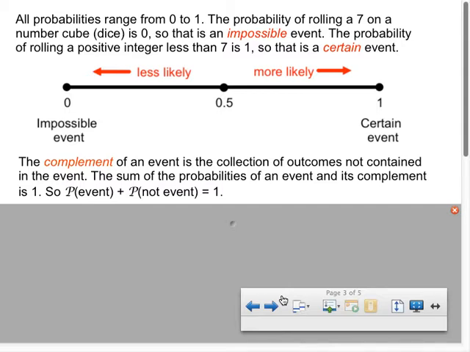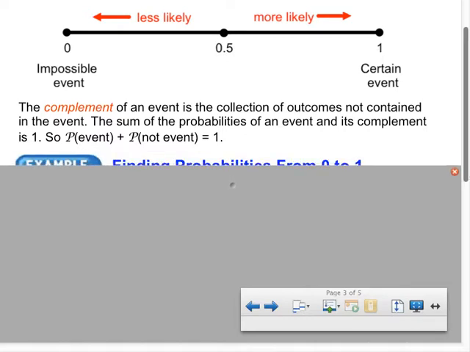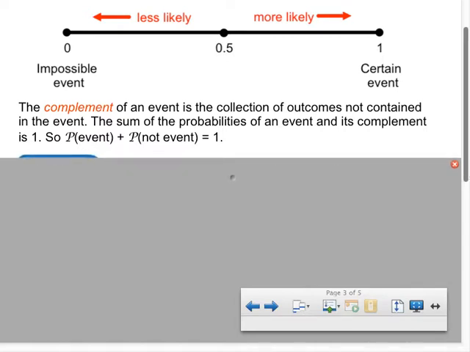The complement of an event is the collection of outcomes not contained in the event. So let's talk about what that is. The sum of probabilities of an event and its complement is 1. So the example we used earlier, that's why I was trying to talk about that a moment earlier about the vowels and picking a consonant or a vowel.